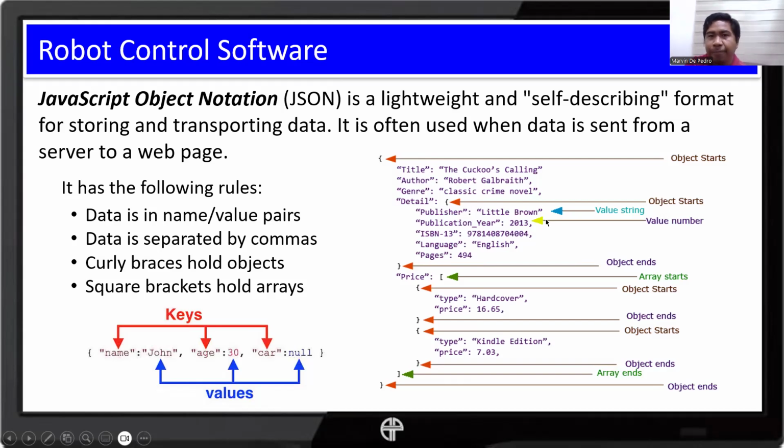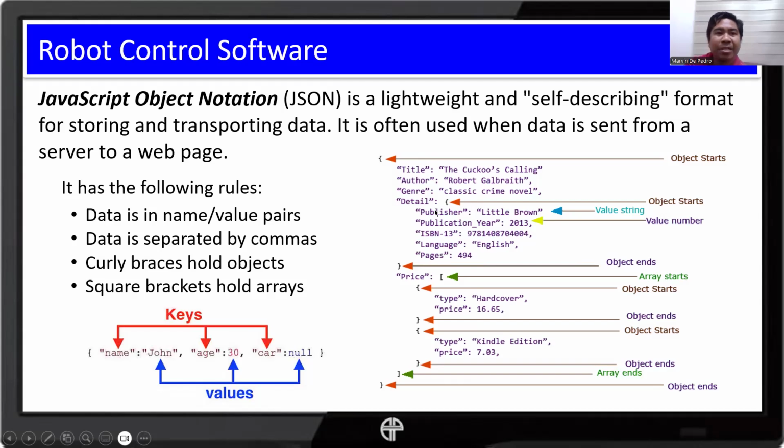So if you have multiple values, we have this one, right? For the detail field, we have these multiple values. Okay, and the values are actually key value pairs also. So we have key value pairs within a key value pair.